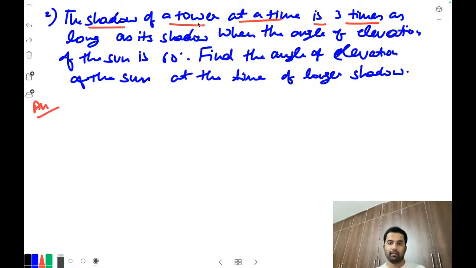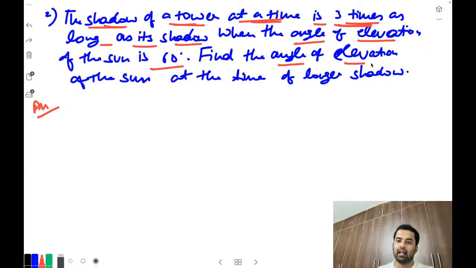At the same time, the shadow of the tower is 3 times as long as its shadow, which means one shadow will be, suppose let's assume as x, so the long one becomes 3x. Okay, angle of elevation is given 60 degree. Question is asking to find the angle of elevation at the same time of the longer shadow, which means 60 degree is the angle of the small shadow.